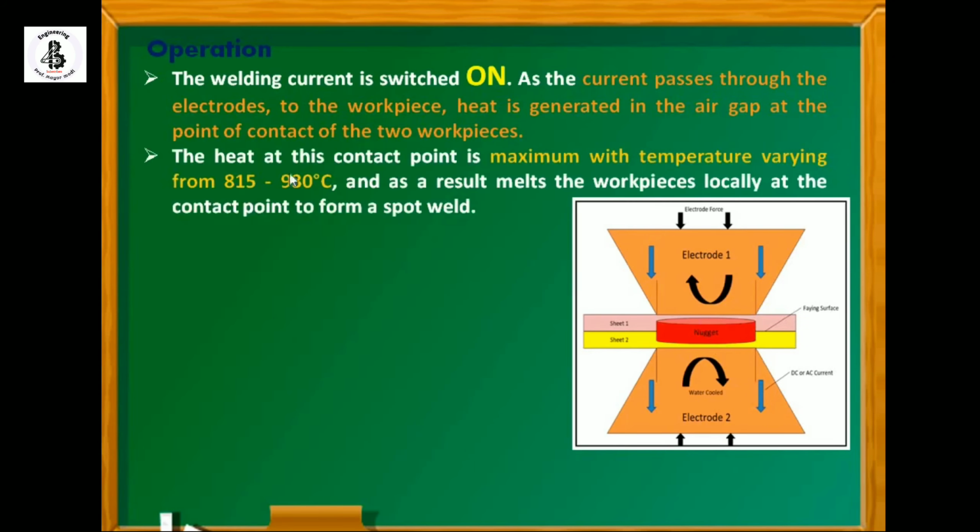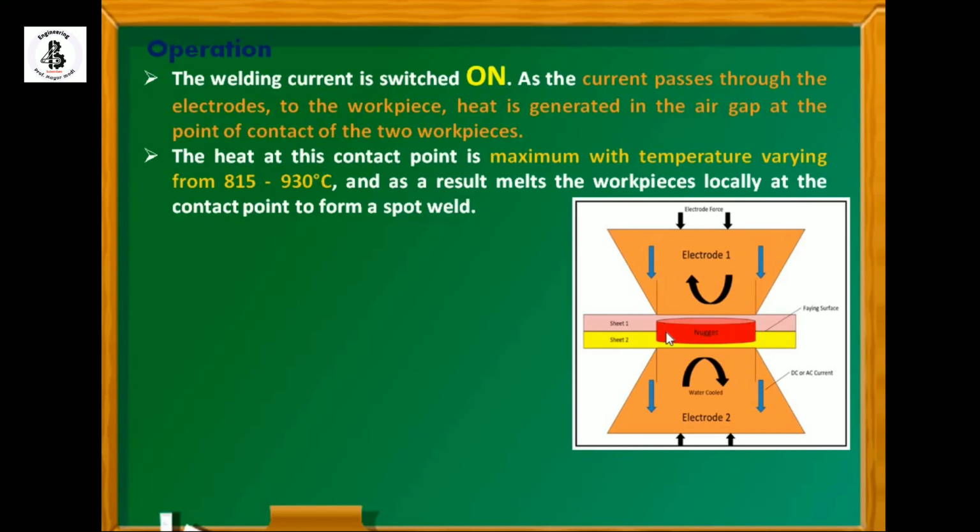The heat at this contact point is maximum, with a temperature varying from 815 to 930 degrees centigrade. As a result, the workpiece melts locally at the contact point to form a spot weld. So at this area, or you can say target, fusion takes place.